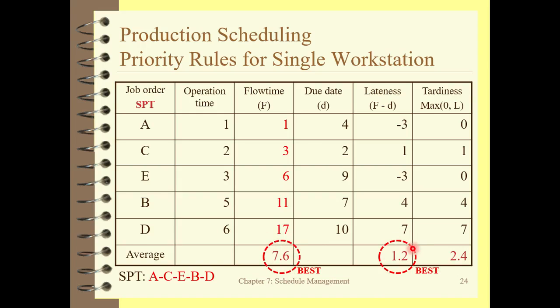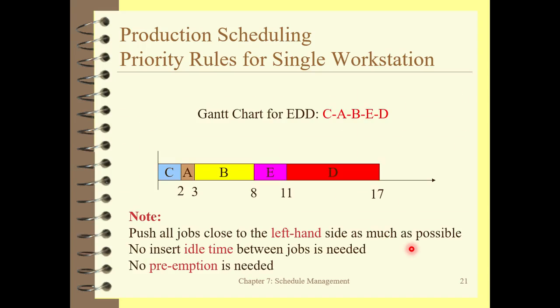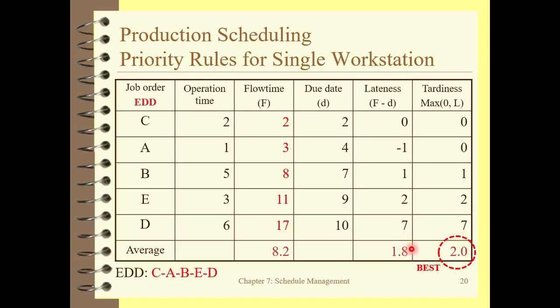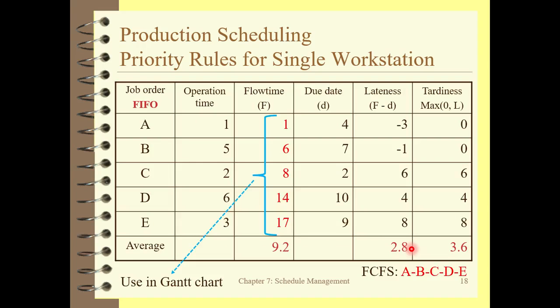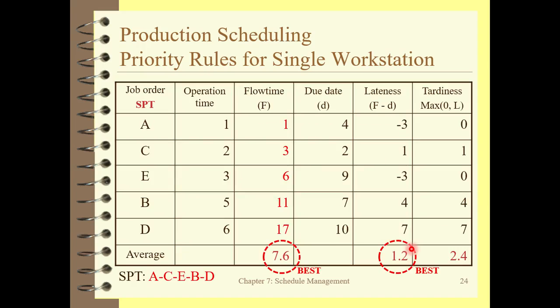According to mean lateness, which one is the best? SPT 1.2, MST 3.2, EDD 1.8, and FIFO 2.8. So again, SPT is the best for lateness.